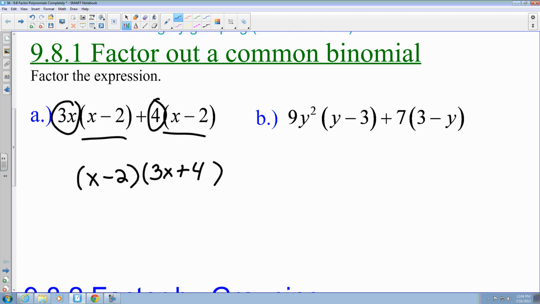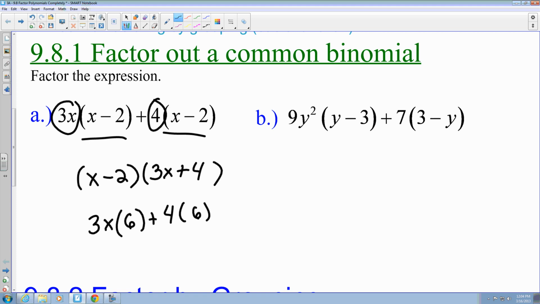It would be like, for instance, let's forget about these things being x minus 2 and x minus 2. What if I just had 3x and I had 6 right here plus 4, and I just had a 6 right here as well?